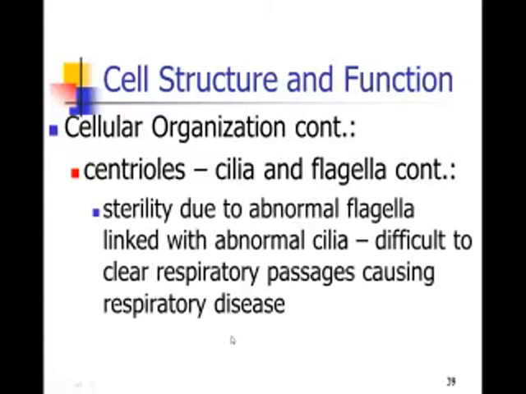Some people have abnormal cilia or abnormal flagella. Well, generally this is a genetic defect, and if you have abnormal cilia, you also have abnormal flagella. And there is a problem in these people in that these organelles don't work as they should, and so people with this mistake in their DNA tend to have problems clearing their respiratory passages with mucus, and they end up with respiratory diseases.